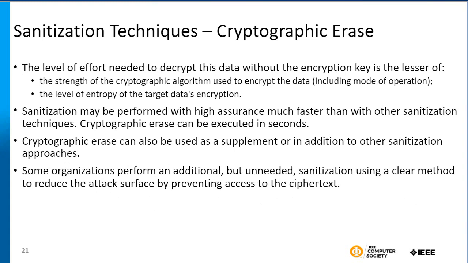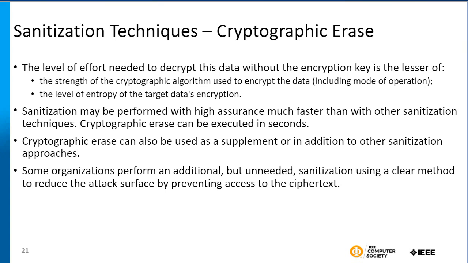So again, this level of effort phrase comes out again. So this is part of do you match the key sizes and algorithms to the value of the data or the harm that could be realized if the data is released into the wild.